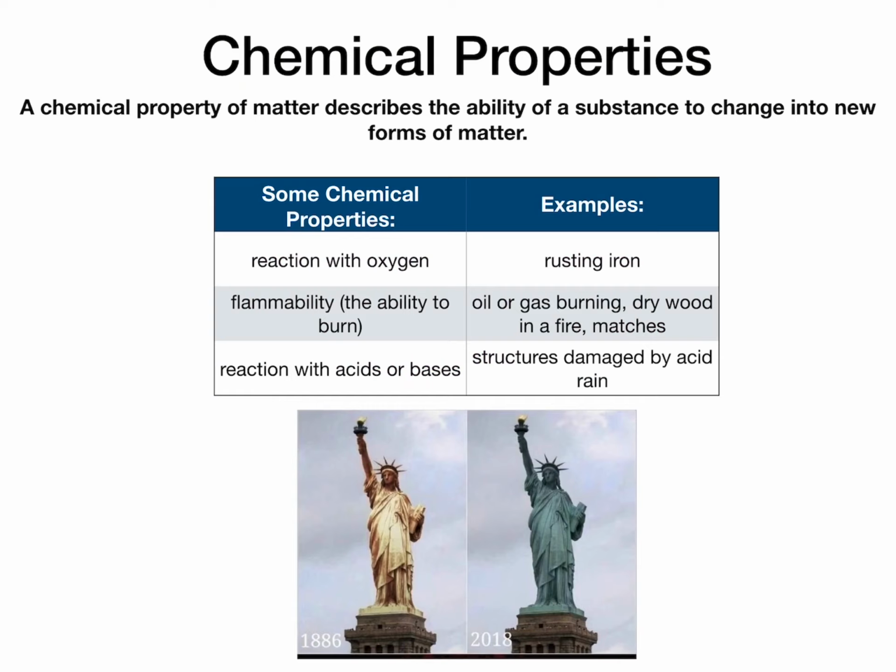An example of this, maybe you guys didn't know, is the Statue of Liberty here at the bottom. When the Statue of Liberty was first created, it was actually copper, like this gold color at the bottom of the screen that says 1886. The copper, the goldish colored metal, reacted with the oxygen in the air and has now turned green, obviously, because the Statue of Liberty is green.